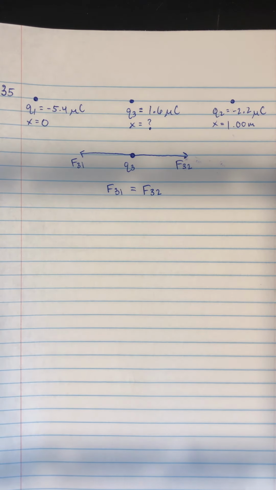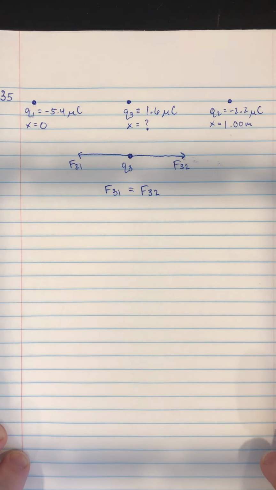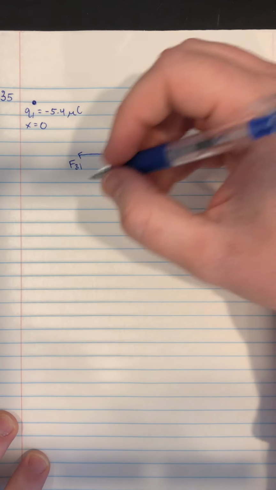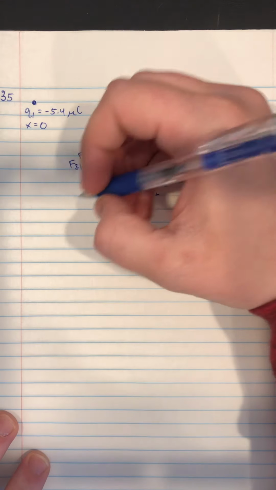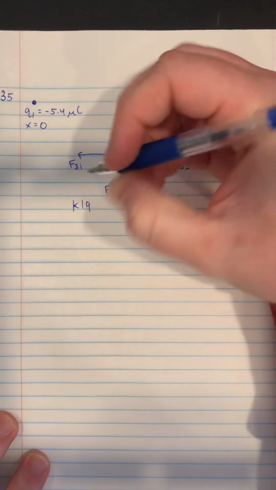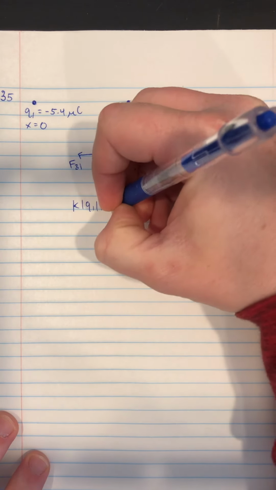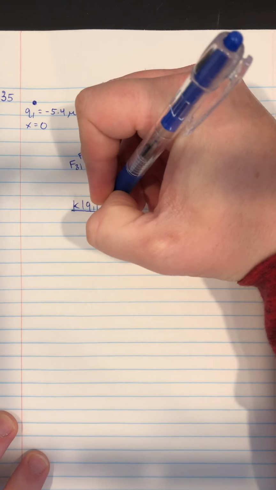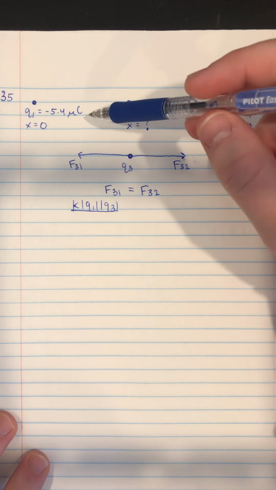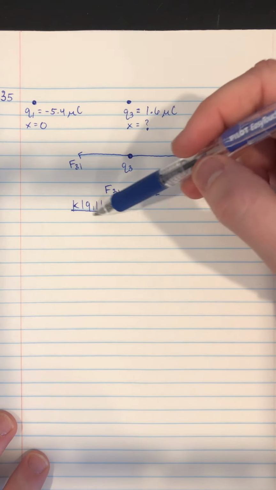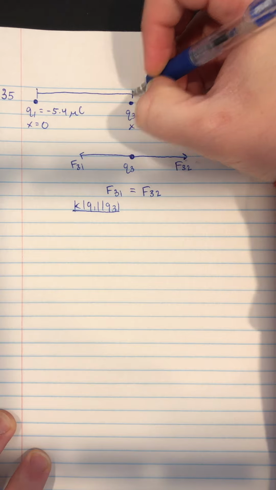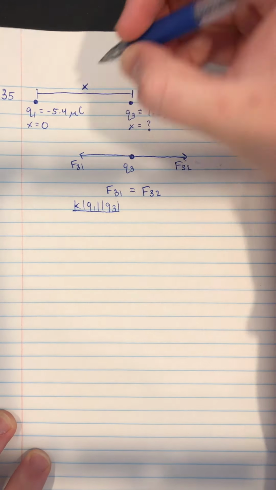So I'm just going to jump into it, using this equation right here. Let's start with F31. So K Q1 Q3 divided by, now what should we call this distance here? Because we're not really sure what the distance is. So I'm going to make the distance from here to here x.